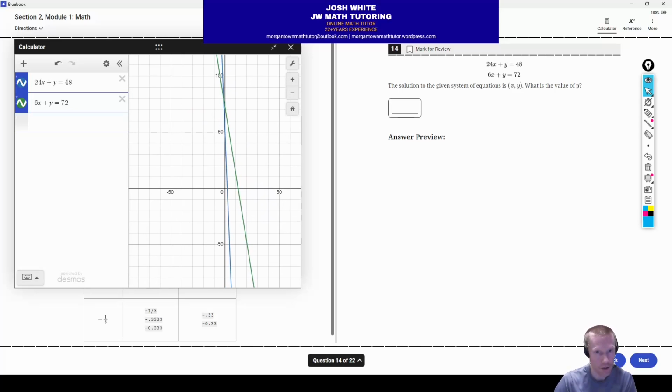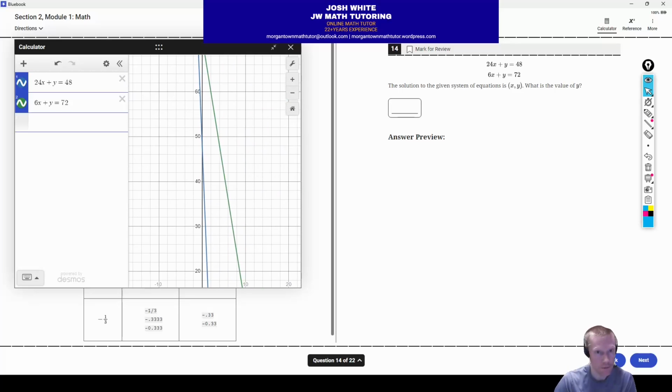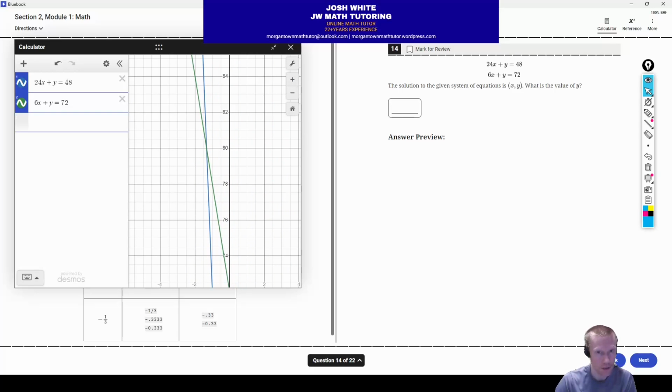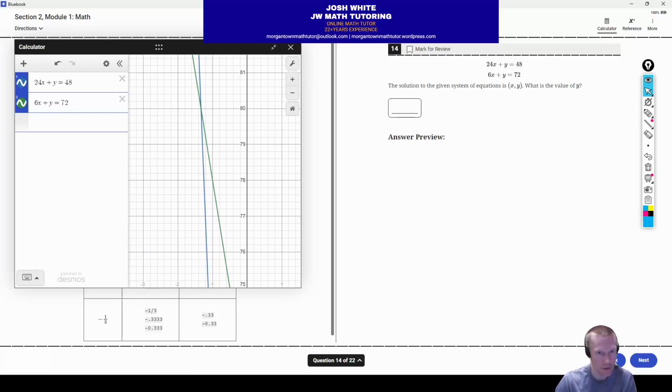So let's zoom out here. Looks like it's going to be up here, just to the left of the y-axis. Looks like it locks in right here at negative 1.333 or negative 4/3, 80. So the correct answer is just 80. And that's it. That's all you have to do for this.